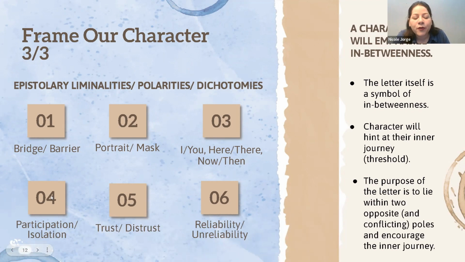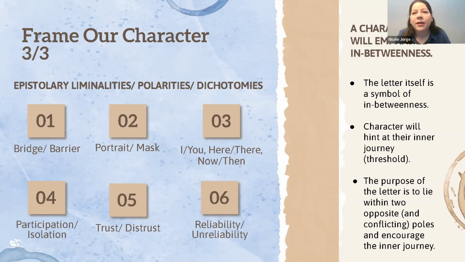Number 4 is participation and isolation. Again, how can this letter be a source of wanting to bring people together, or on the contrary, people needing or wanting to not participate and remain in isolation? And then number 5 is trust and distrust, which makes me think about the whole trope of enemy to lovers, because there's trust that needs to be gained.